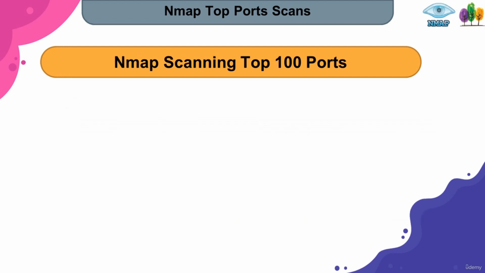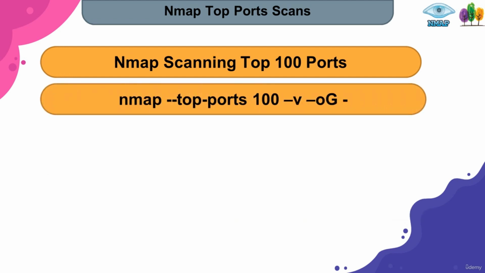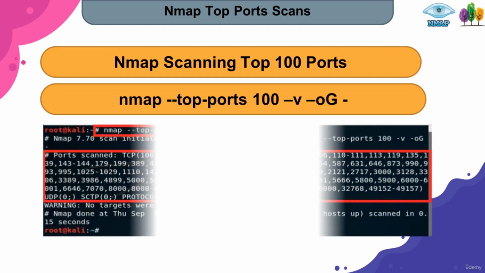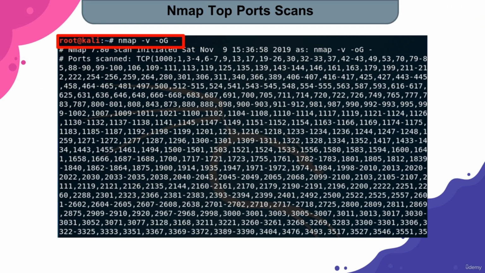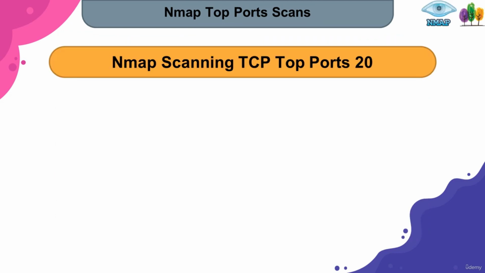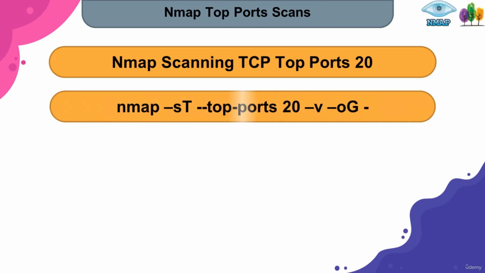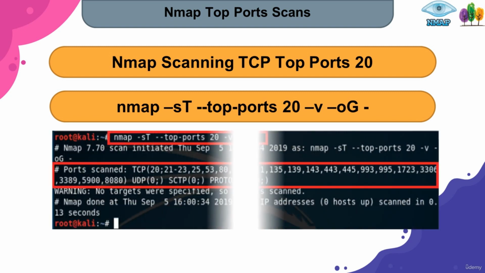Similarly, if you want to see the top 100 ports, we can write nmap --top-ports 100 -v -oG -. And if you want to see the top 1,000 ports, we can write nmap -v -oG -. We can do the same thing by adding the TCP parameter, so we write nmap -sT --top-ports 20 -v -oG -.